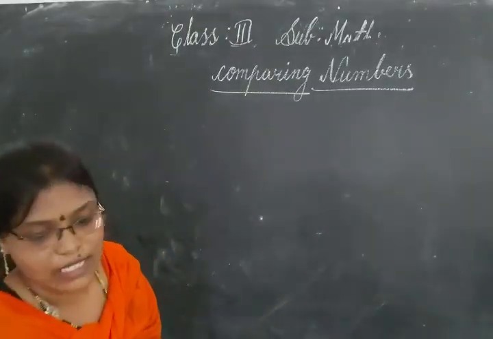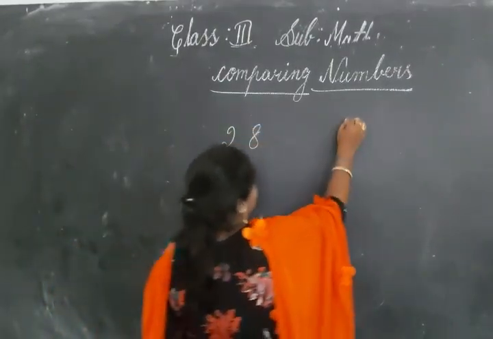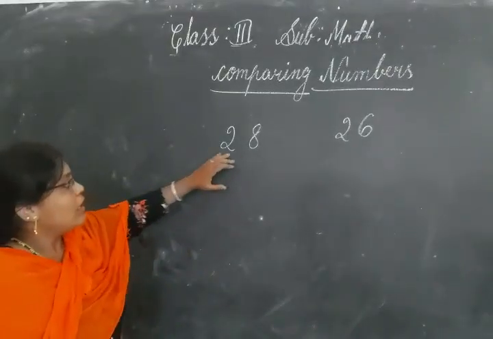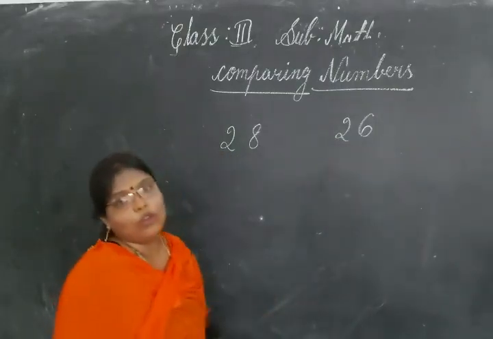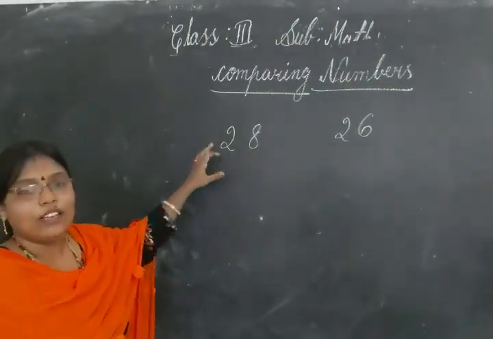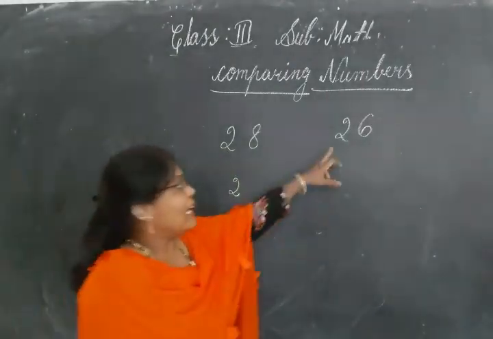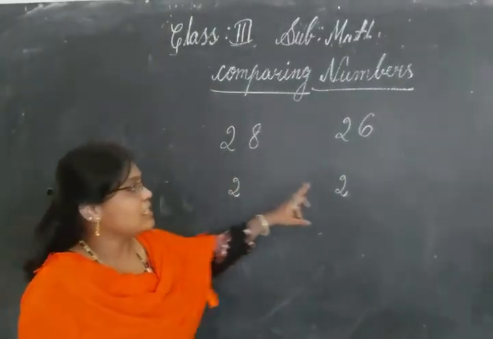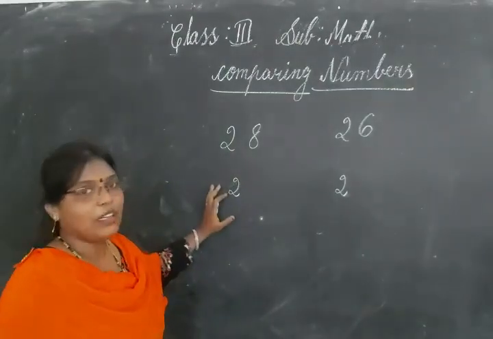Let's see another example. Now compare these two. This number has two digits and this number also has two digits. Now we have to take the first digits. What is the first digit here? 2. And here also we have 2. Then both the first digits are equal. So can you tell me which is the bigger number?